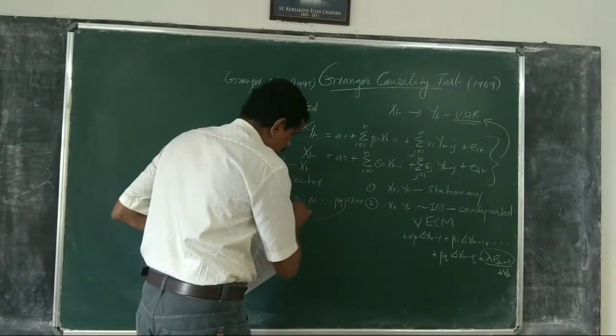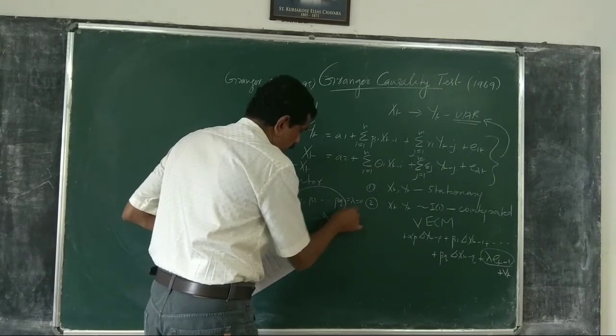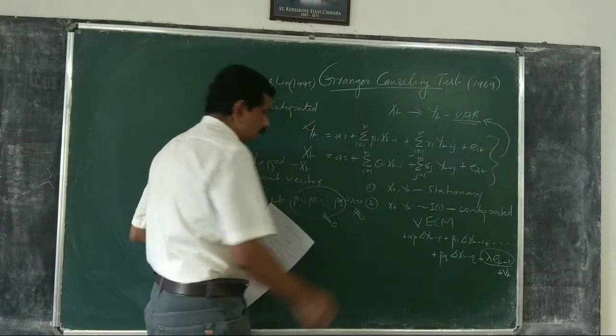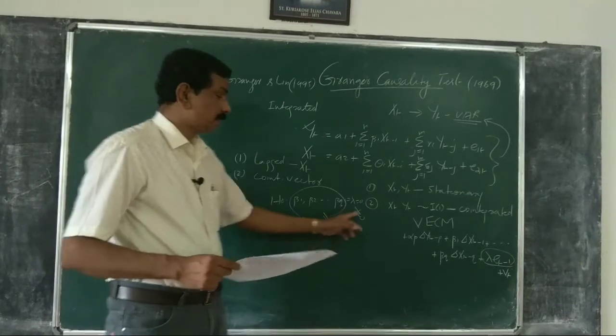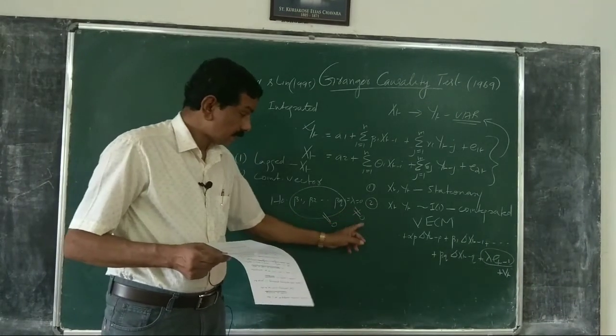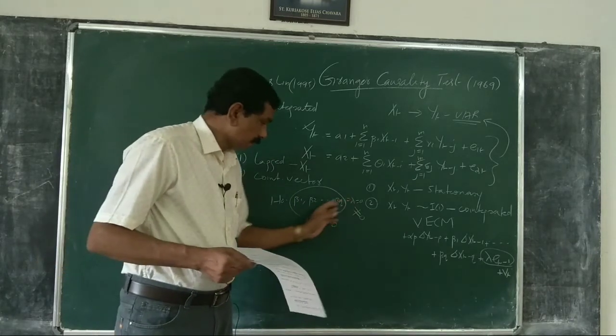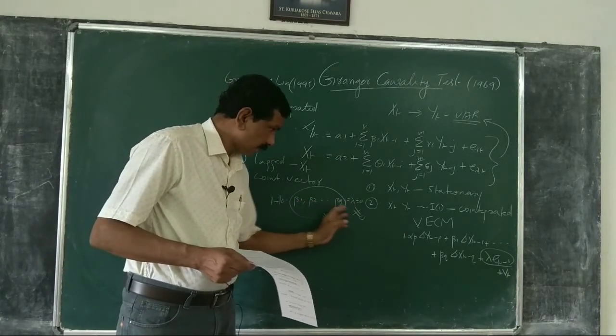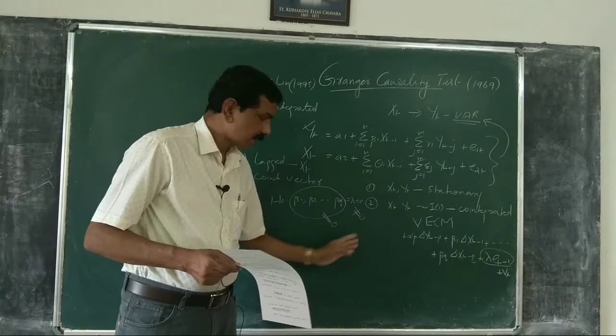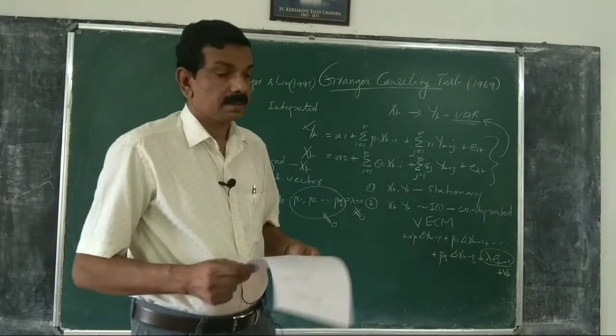Suppose these are all equal to 0 and this is not equal to 0. Again we can reject H0. But in the conventional Granger causality test, if beta 1, beta 2, etc., beta q are equal to 0, we cannot reject H0. That is the difference.